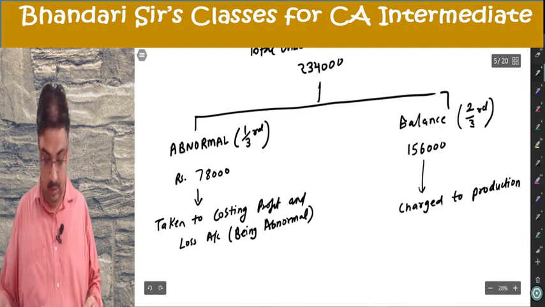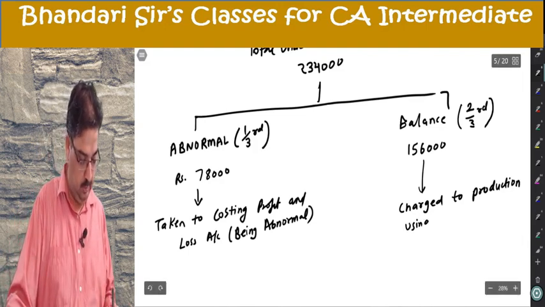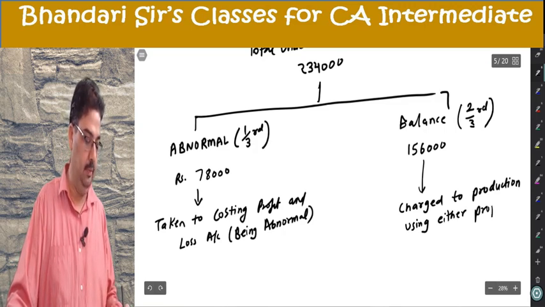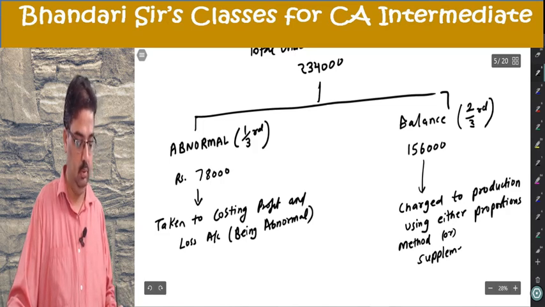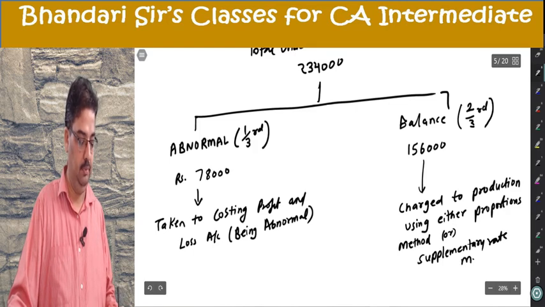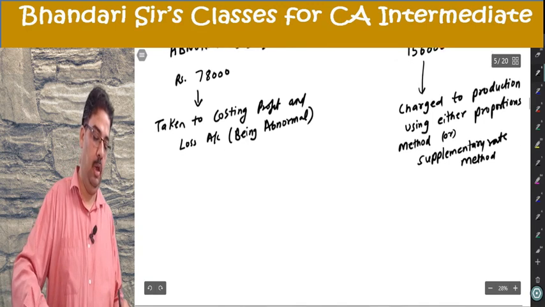Now production units are 30,000. Using either proportions method or supplementary rate method, I am elaborating both of them.